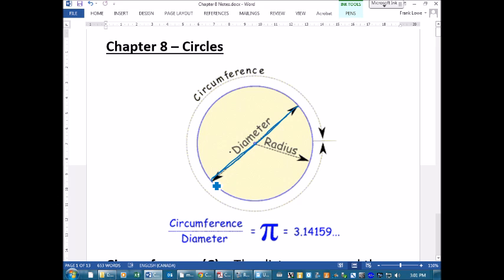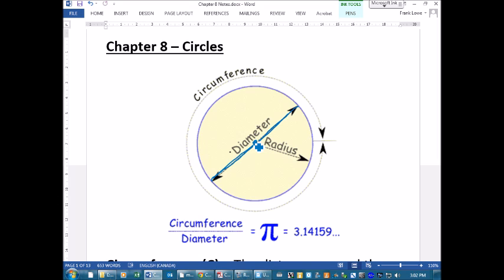So it basically cuts that circle completely in half. The diameter will always run right through the center of the circle, and if it's doing that, then it cuts the circle straight in half. Okay, so that's diameter.